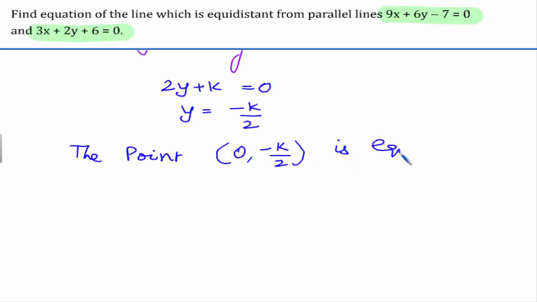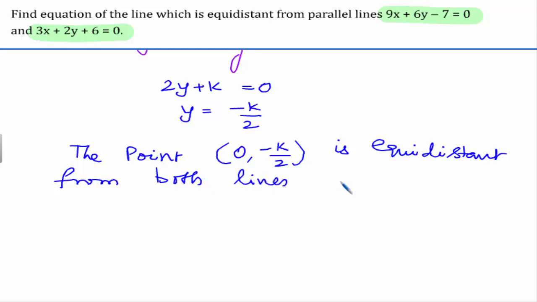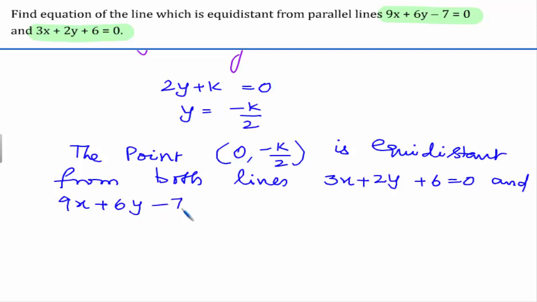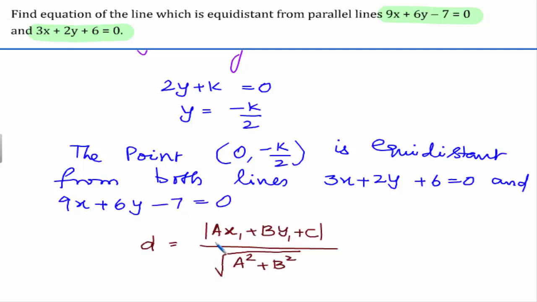is equidistant from both lines 3x plus 2y plus 6 is equal to 0 and 9x plus 6y minus 7 is equal to 0. So we know the distance formula, that is modulus (ax1 plus by1 plus c) by square root of a square plus b square.